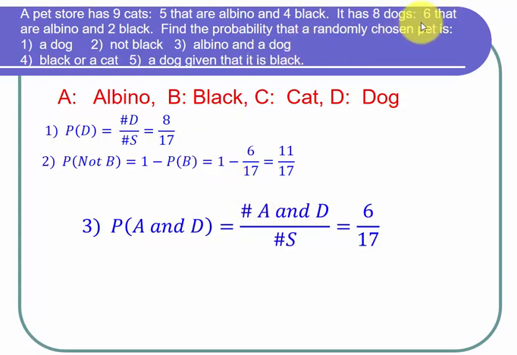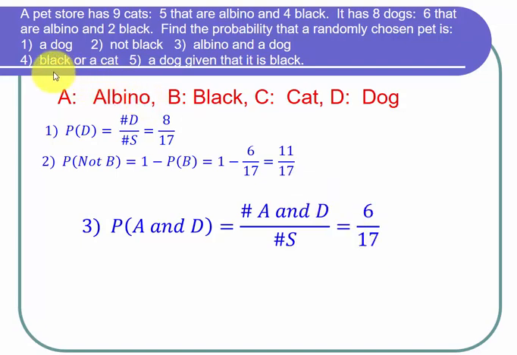And it just tells us that of the 8 dogs, we know that 6 are albino. So that means the numerator, albino and dog, must be 6. The number of the sample space was 17. It's still 17. So the probability of A and D, albino and a dog, is equal to 6/17.